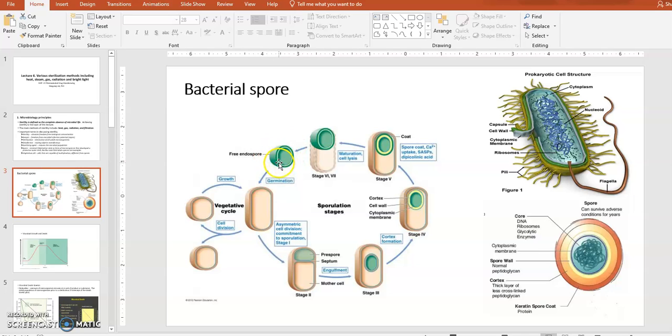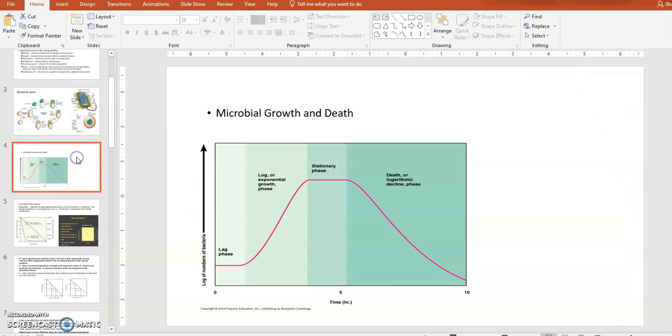It's a way of surviving for these bacterial cells. When the condition comes back favorable, they become vegetative cells and live. It's a kind of evolutionary way of dealing with harsh conditions, if you will. Spores are much more resilient in coping with harsh conditions.